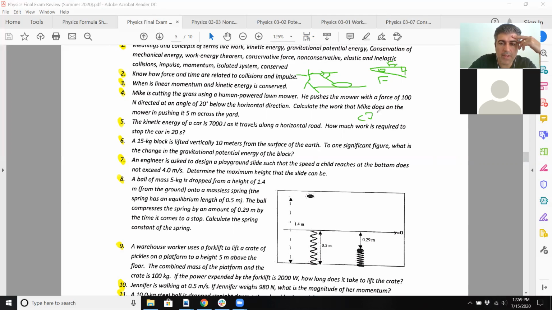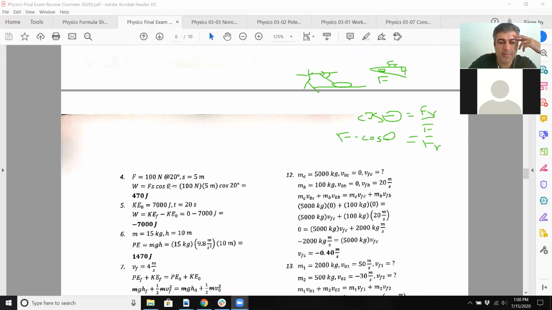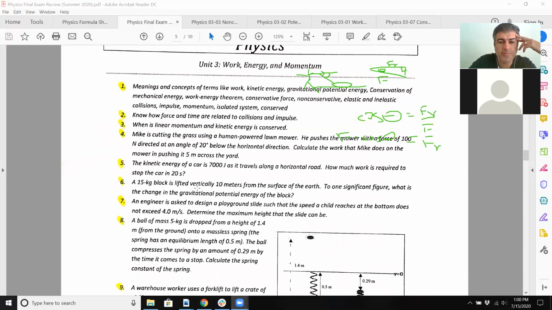So cosine theta is the force in the x direction over force. So force in the x direction is force times cosine theta. And then to calculate the work he performs, you take the horizontal force and multiply by the distance. That's all you do. So it's going to be 100 times cosine of 20 times 5. That's all.